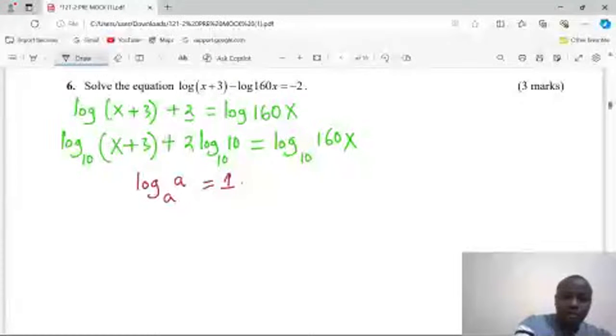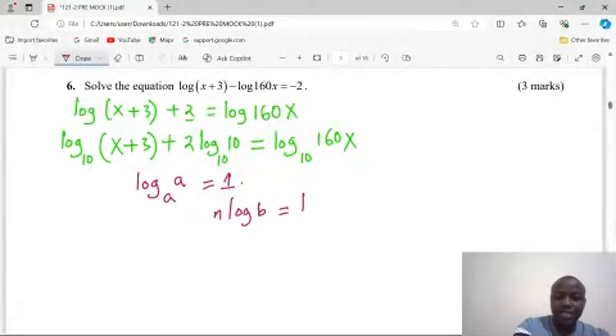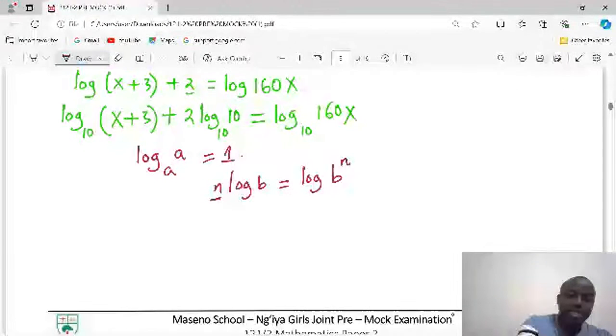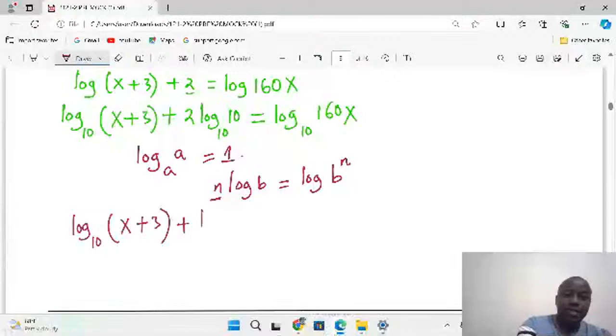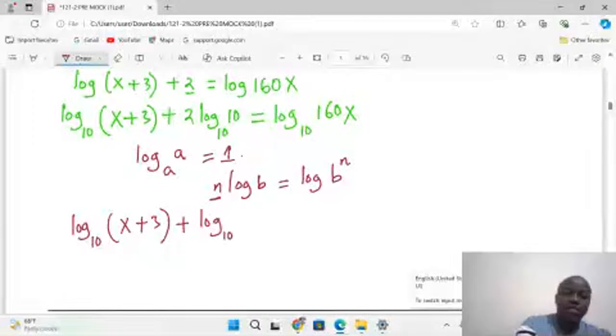But now I'm going to apply another law of logs, which says when we have n times the log of a certain number, this can be solved by taking the log of that number, then the multiplier becomes the power. So we have the log to base 10 of x plus 3, plus, I write this one as the log to base 10 of 10 squared.